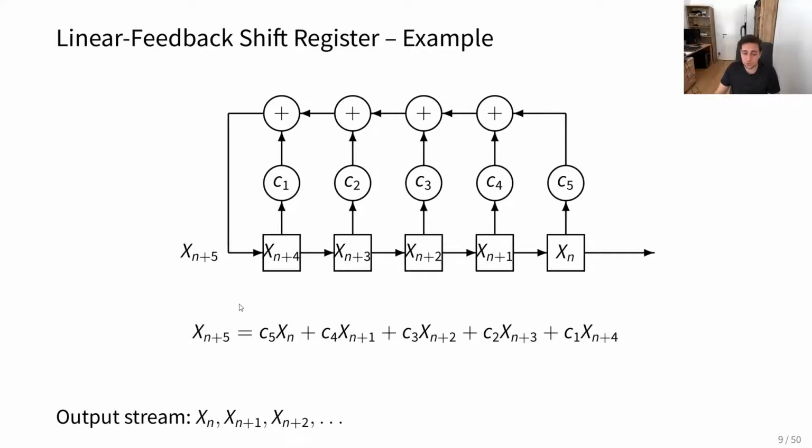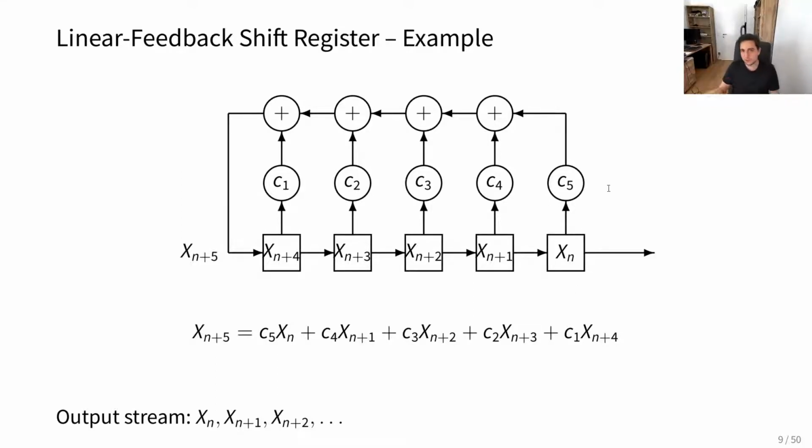Given such a construction, we can write down this equation, which computes the new input bit that enters here, given these constants and the previous state. After we have done this, which is one step, we generate the output stream, and the first bit of the output stream is xn. This is the first output bit, then the second output bit, and so on. We can just rotate this and generate many output bits infinitely.